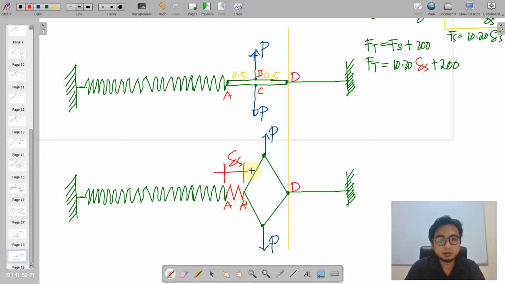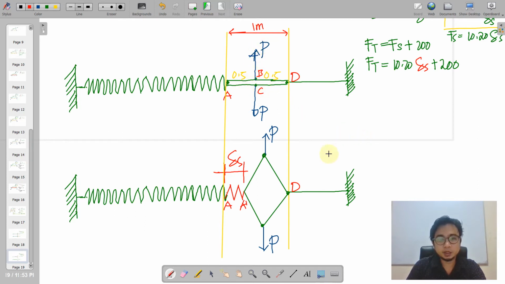So the spring deformation could be calculated by simply projecting the original lines of A and D. Okay, this is the lines from A to D. Notice that these two lines cover a total of 1 meter distance because 0.5 and 0.5, that is 1 meter.